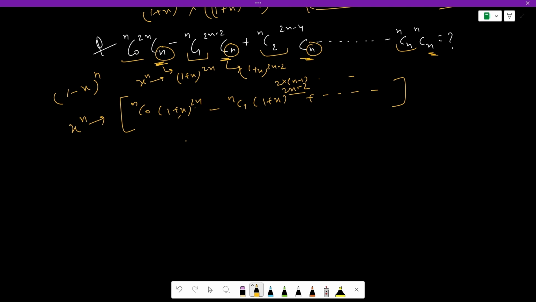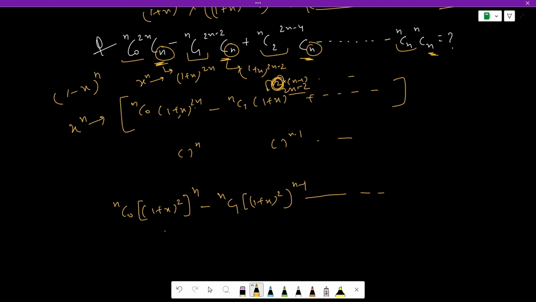Now what we need in the power is something raised to the power n, something raised to the power n minus 1, and so on. So we can put this 2 inside. So this will be nC0 into (1 plus x) squared to the power n minus nC1 into (1 plus x) squared to the power n minus 1, and so on.